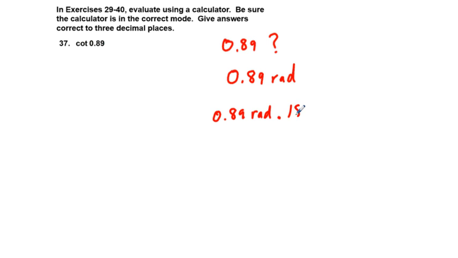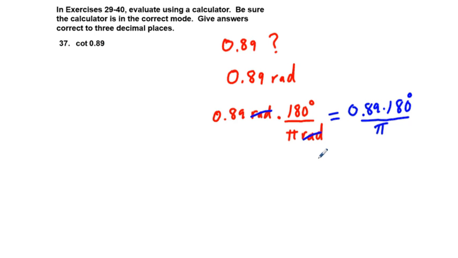We have 0.89 radians, and to convert to degrees, we multiply by 180 degrees over pi radians. Now, when we have the radian measure in something pi, we would cancel out pi radians. But in this case, we're just canceling out radians over radians. So our answer is going to be 0.89 times 180 degrees over pi. Because we're going to use this answer to plug in as degrees into our calculator.